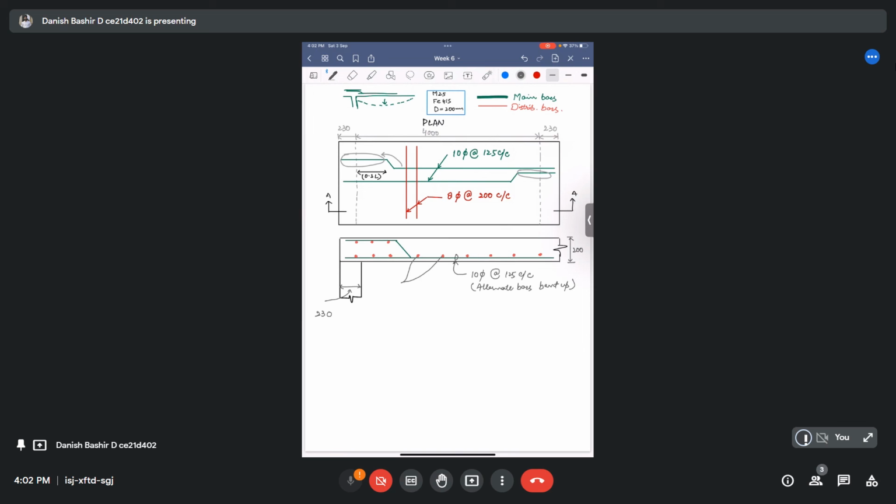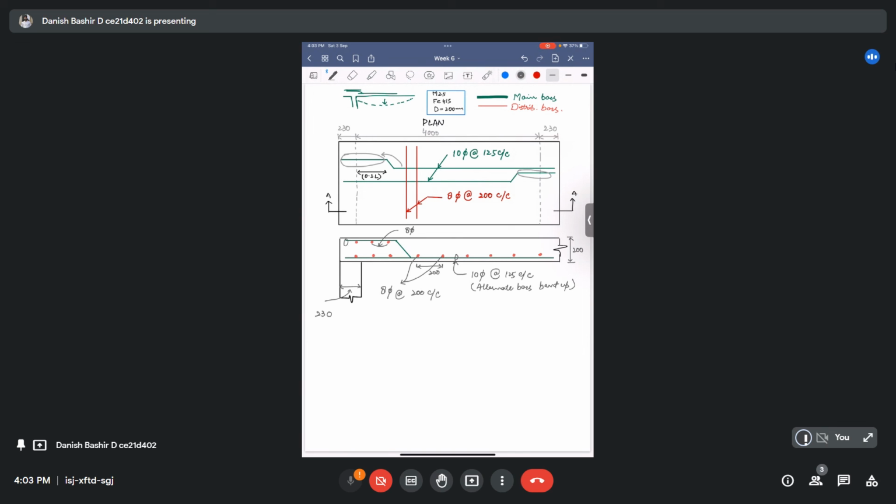And we provided these as 8 mm bars at the rate of 200 center to center as distribution bars. This is 200 center to center, 200 center to center. Here this is again the distribution bars. This is again 8 mm.